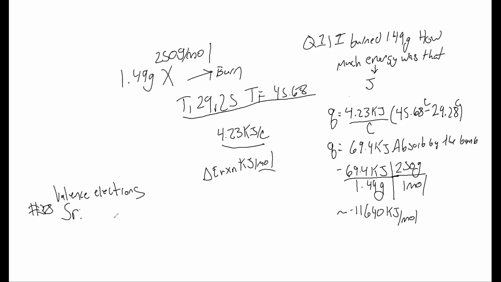I'm going to do the full electron configuration: 1s2, 2s2, 2p6, 3s2, 3p6, 4s2, 3d10, 4p6, 5s2. The way to find valence electrons is you just look to the highest energy level. The highest energy level here is 5. So strontium has 2 valence electrons.